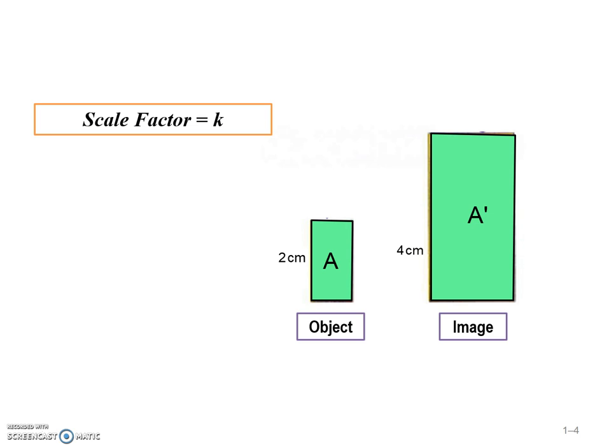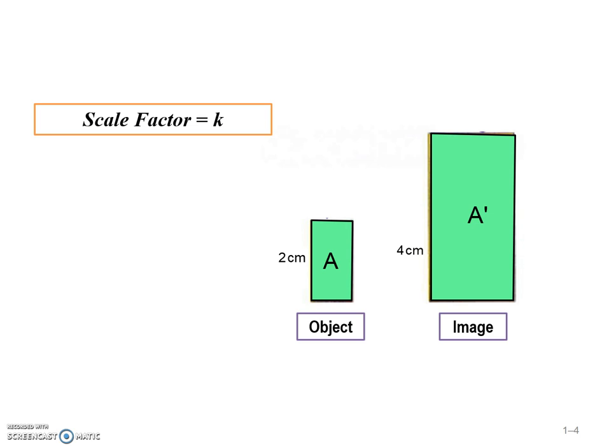One of the important terms in an enlargement is the scale factor. The scale factor is represented by the alphabet K. The scale factor will tell you how big or how small the image will be as compared to the object.